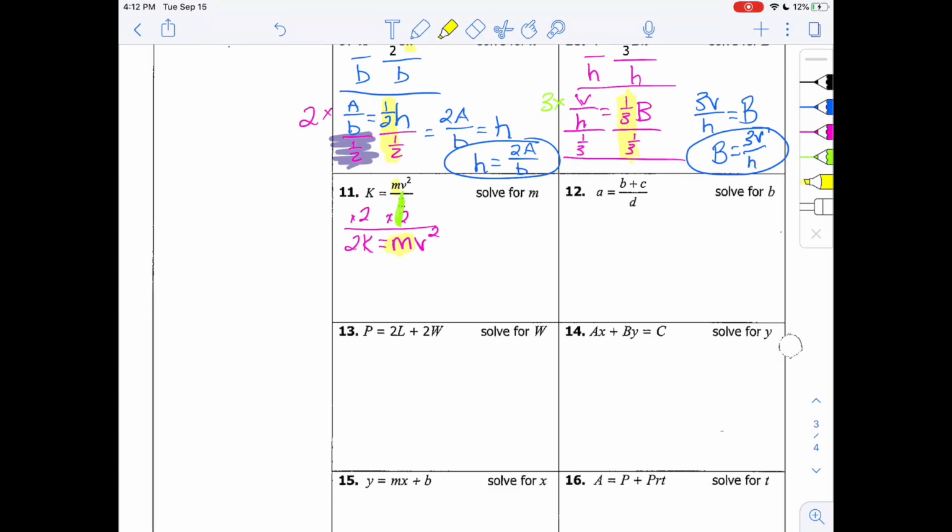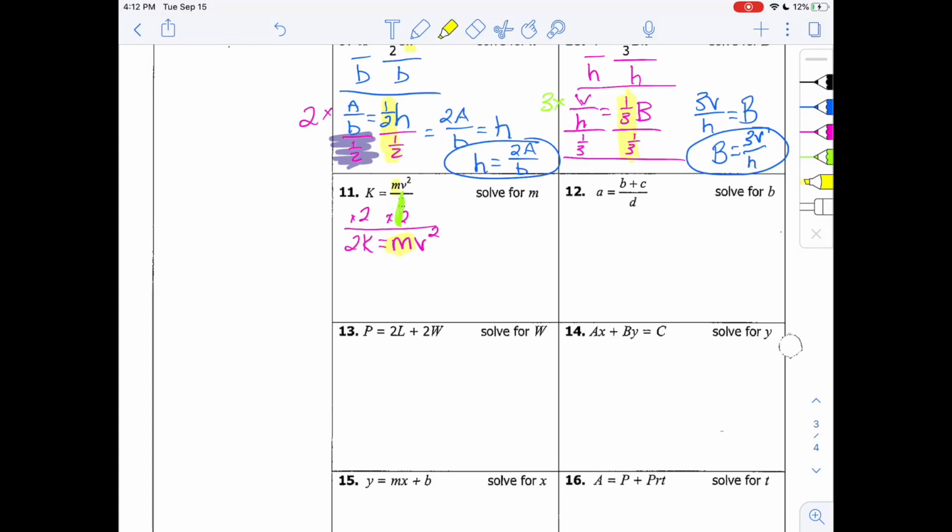Next, I'm going to go ahead and get rid of the V squared all in one step. And I can do this because both the V and the squared need to be moved to the other side. In the previous problem that we had a squared, I had to separate that variable and squared. But in this example, those don't have to be separated because they're both moving to the other side.